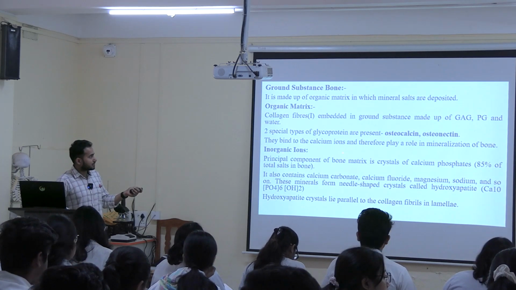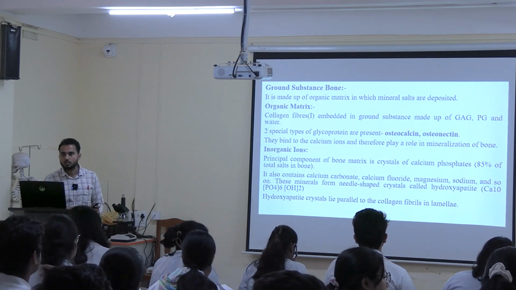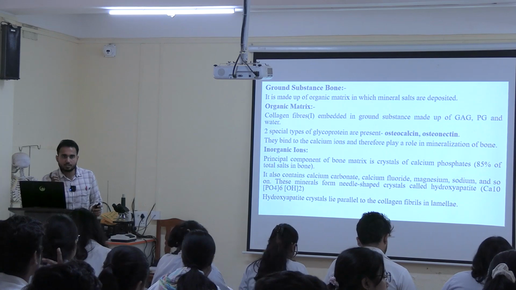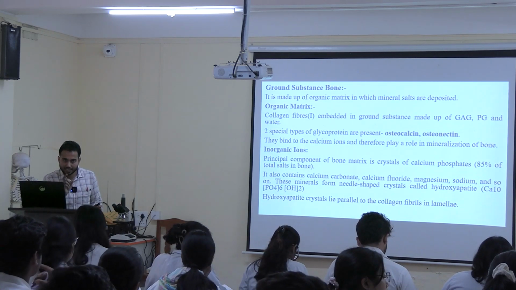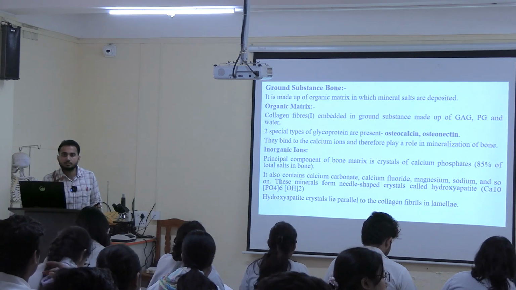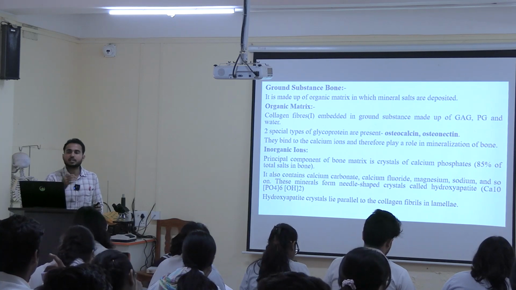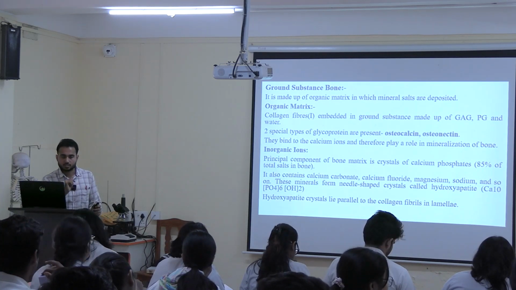They bind the calcium ions and play an important role in the mineralization of the bone. They bind the calcium ions together, and this forms the mineralization of the matrix.